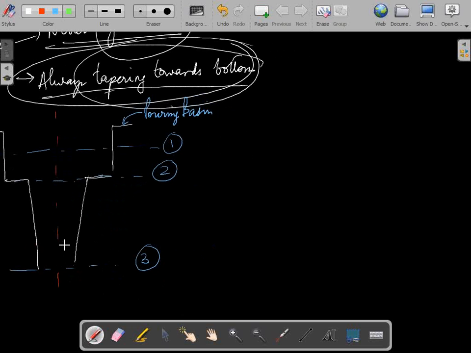Okay, now section 1. Section 1 denotes the free surface of molten metal. So this is the free surface of molten metal, right? Number 2 is the sprue top.